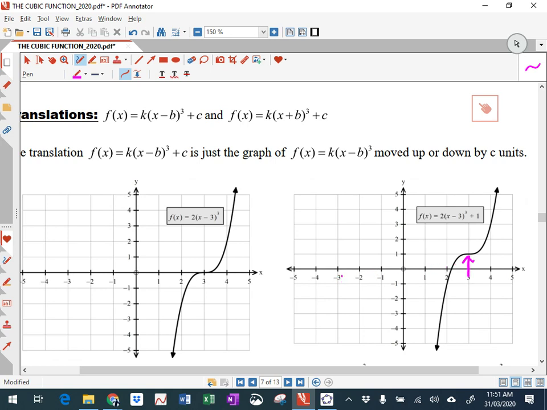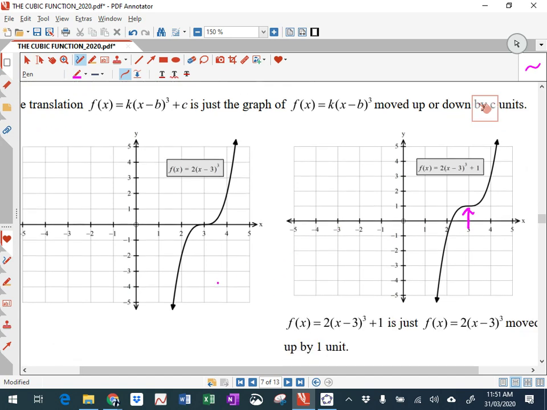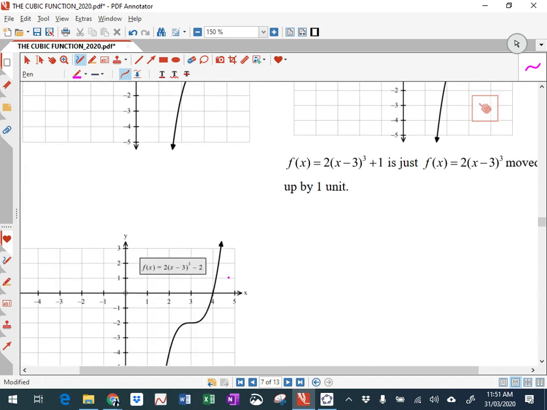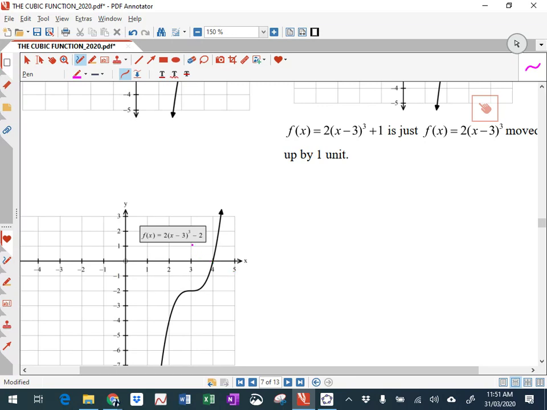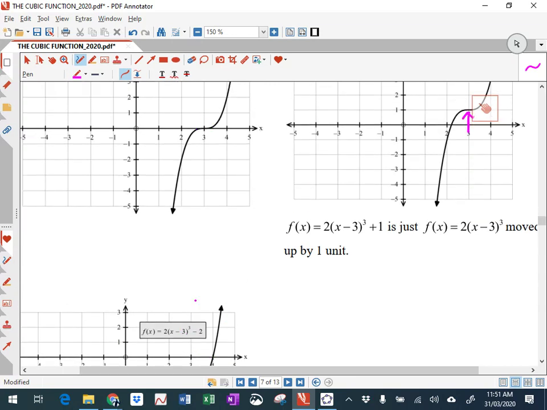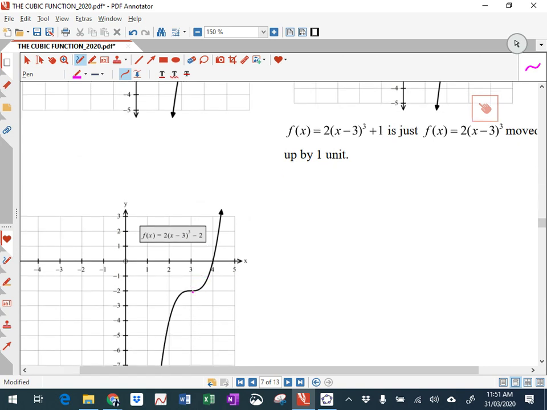Okay, so the plus c just moves it up or down. Let's have a look at another example. What about 2x minus 3 cubed minus 2? Well, that's just this function moved down by 2 units. Let's see if I can draw this.